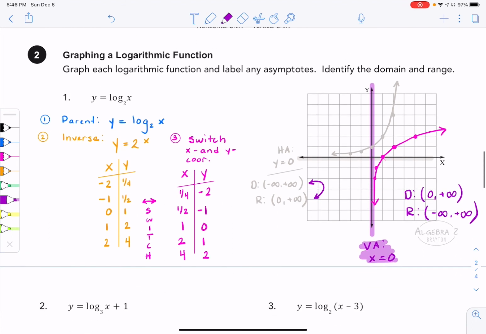So this purple graph, or the pink that I'm highlighting in purple, is your final answer, and these highlighted purple parts are your final key values. The gray graph is actually not part of your answer at all. I just used that to show you how everything switches. Okay, you use the inverse function to switch and then graph your final answer.